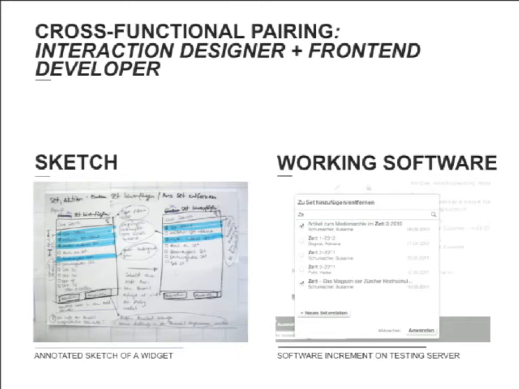And this also works cross-functionally, for pairing up an interaction designer and a front-end developer, for example. Here's an example where we went from a sketch, so I drew this little sketch, right to the working code on the testing server, the next increment of the software, by just doing it right there in front of the computer together.